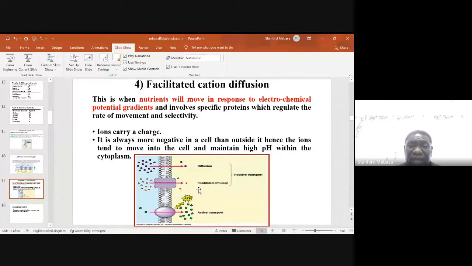So there could be a negative charge in the cell than outside it, and this can cause a movement of nutrients into the cells of the roots. It's a special diffusion known as cation diffusion.